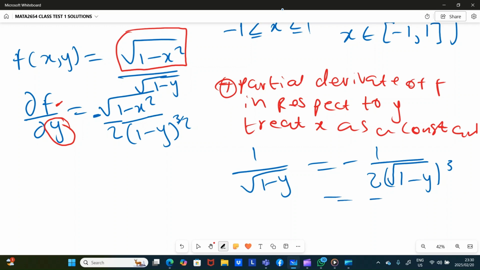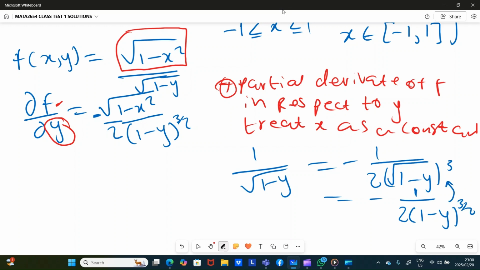I can rewrite it as what I got there: 1 over 2 times, instead of root, I wrote the root as a power of half. Remember, root can be written as a power of half. I had 1 minus y to the power 3 over 2. So this and this are one and the same thing.